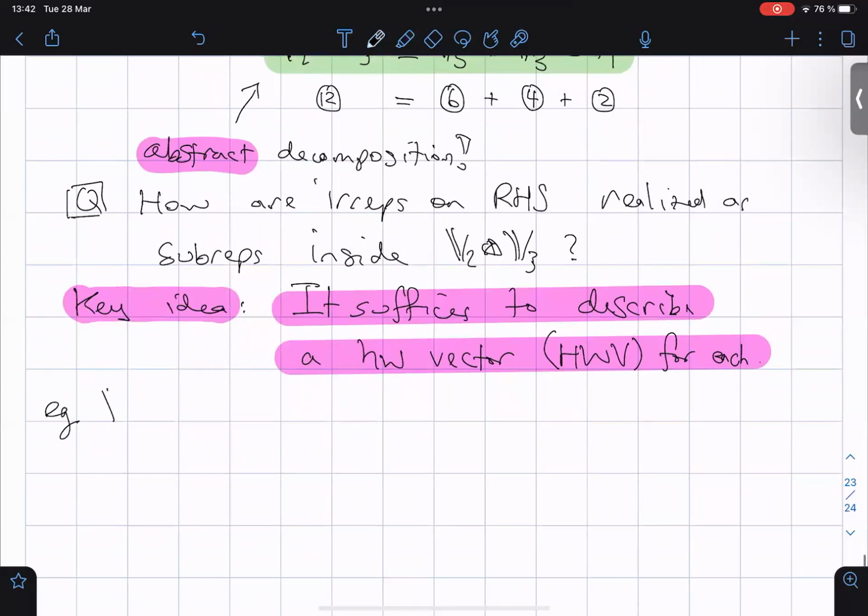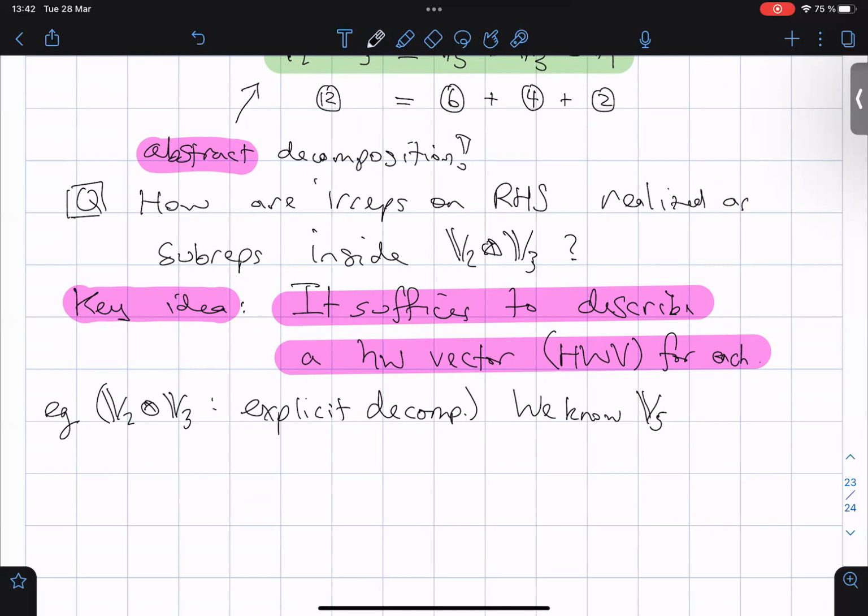So let's go: V2, V3, explicit decomposition. As we know, this V5, abstractly, is S5C2 with highest weight vector X5.